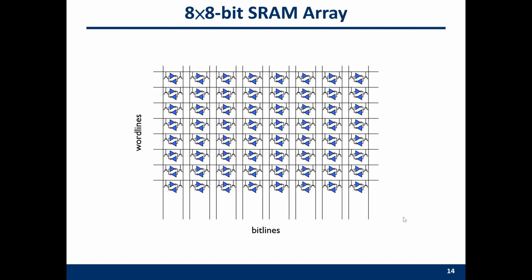So in order to read this array, we need to first select a word line. By selecting this word line, we set a 1 on this line. If this line has a 1, only this row of cells is actually connected to the bit lines, and then you can read.